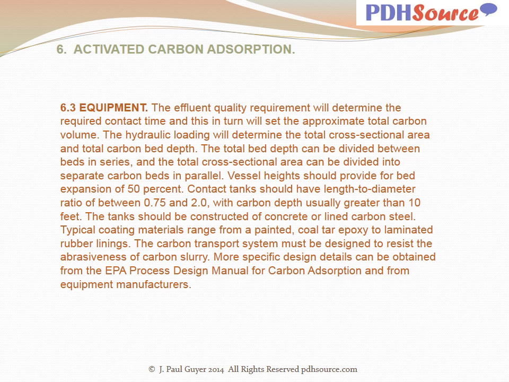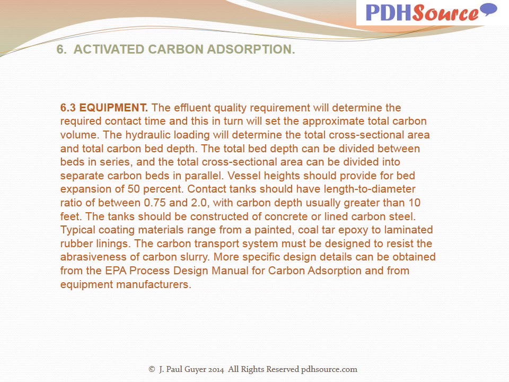The effluent quality requirement will determine the required contact time, and this in turn will set the approximate total carbon volume. The hydraulic loading will determine the total cross-sectional area and total carbon bed depth. The total bed depth can be divided between beds in series, and the total cross-sectional area can be divided into separate carbon beds in parallel.